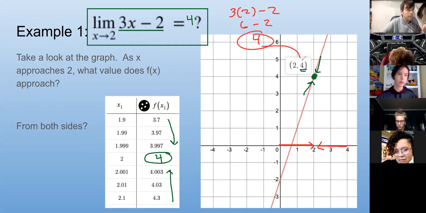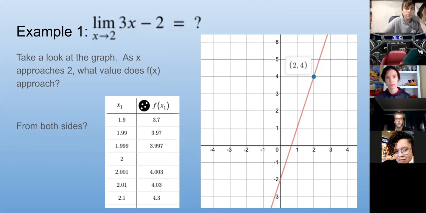We get the same thing right there. We get the limit. This one we can just evaluate. We can just plug the number in that we're going to, figure out where the graph's at there, and we're good to go. So this is like kind of our really easy limit. Again, they're not all going to be this simple. We want to start with something easy. Let me clear this.